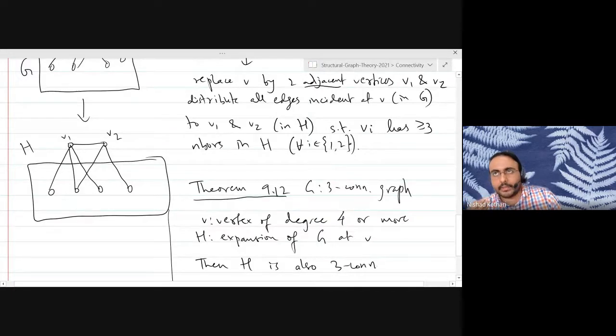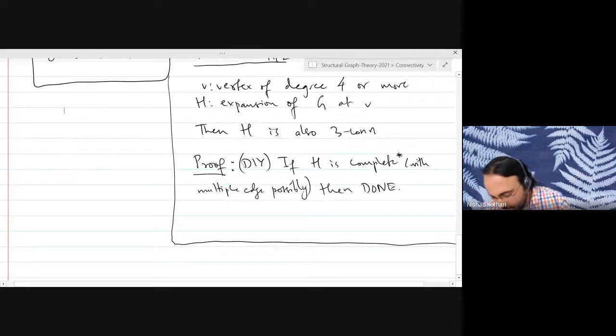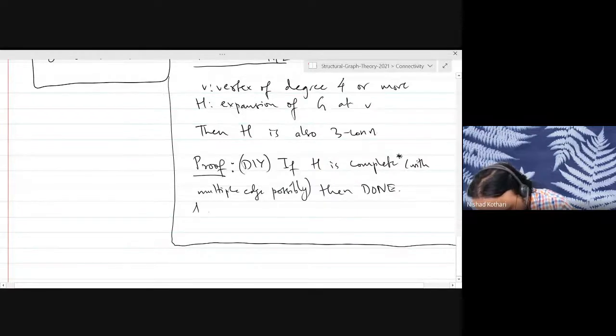In particular, you want the graph H to have at least 2 distinct neighbors for each of them. So that means that the graph will have at least 4 vertices, right? And all complete graphs on 4 or more vertices are 3 connected. So you're done. So the only other case is to show that, assume H has a pair of non-adjacent vertices.